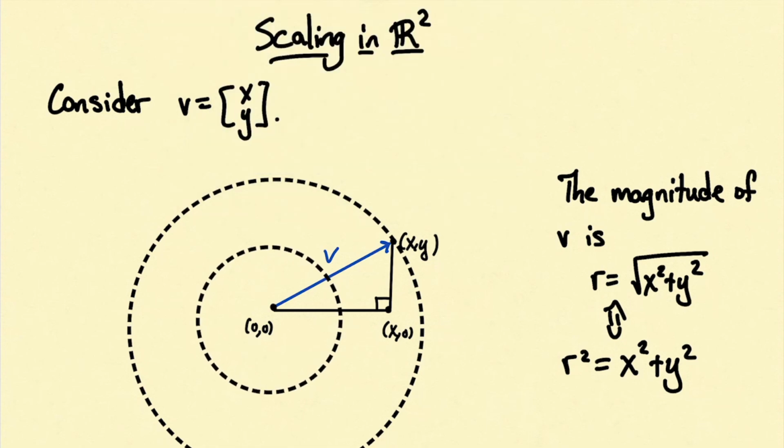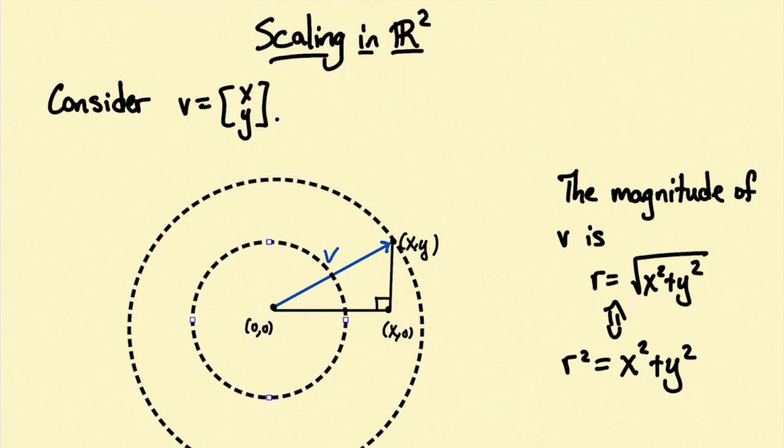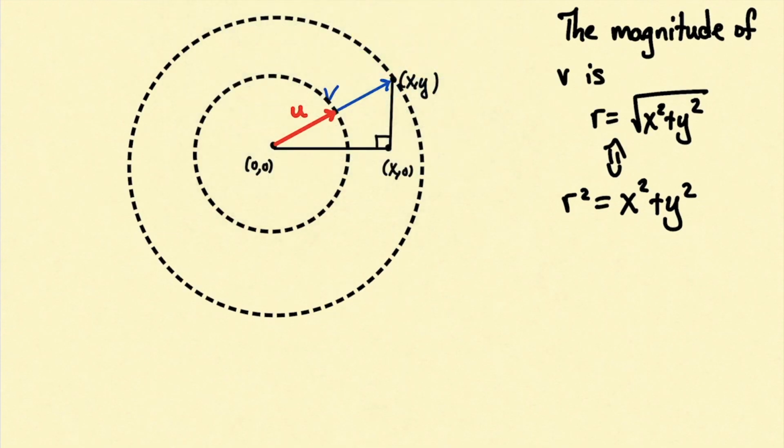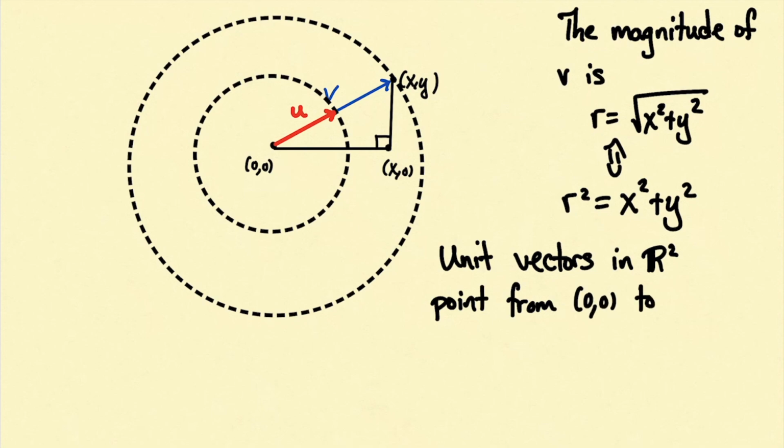Then we can think of the point where the vector v intersects the unit circle as our unit vector. And we can think about v as being obtained by scaling this unit vector u by a factor of r.